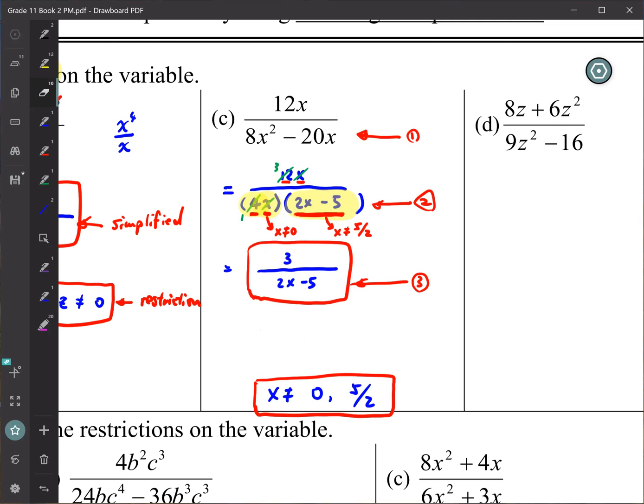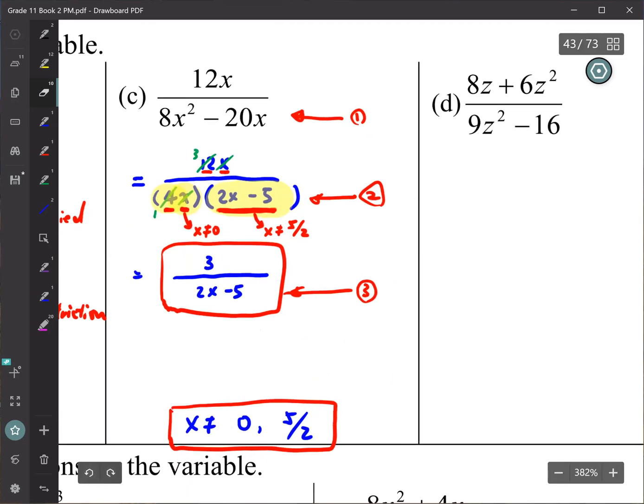Okay, next part. We'll look at D. First thing, what do we need to do to start? Ivy, how do we start the question? Simplify. Simplify is a very general word. Can you be more specific? What do we need to do exactly? Because everything we've been doing is called simplify, right? But what exactly is the step we need to do?